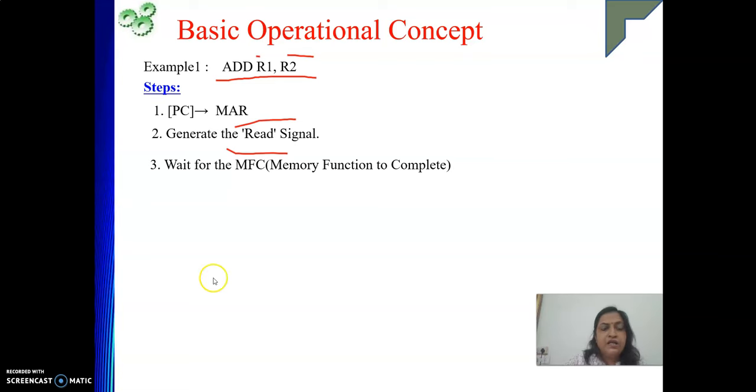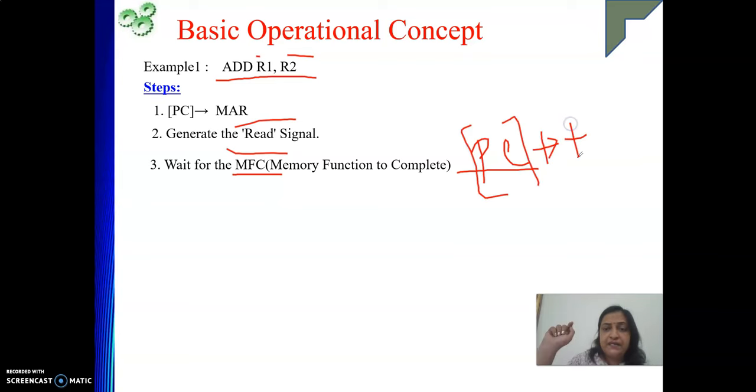Then next is, so see, when we are waiting for memory function to complete, during that time we can perform something. We have to see whether we can do something before my instruction comes from memory. We can do one thing, we can increment PC to point to the next instruction. The content of PC will be incremented.